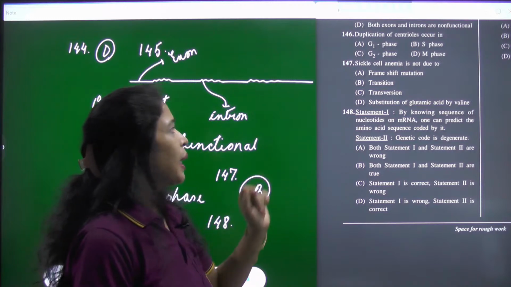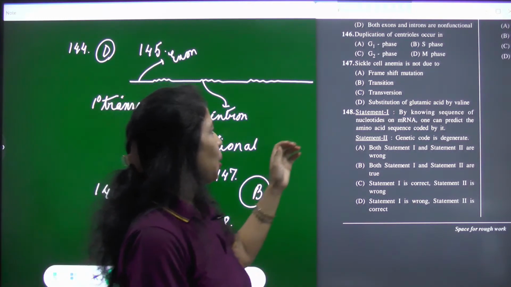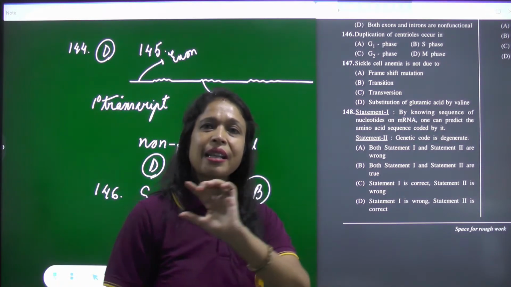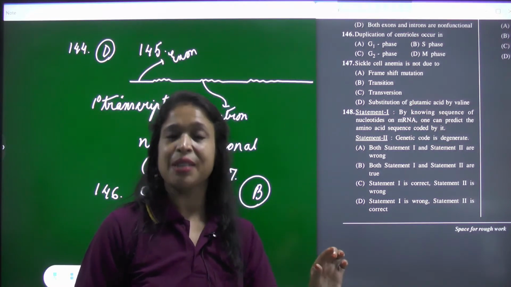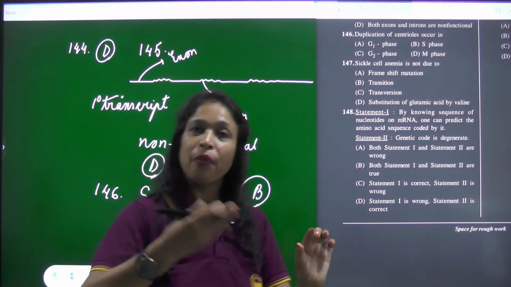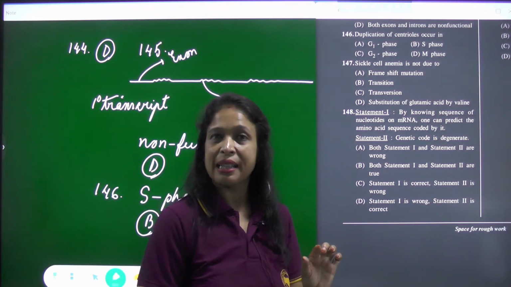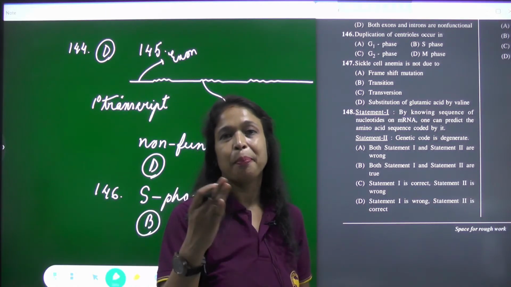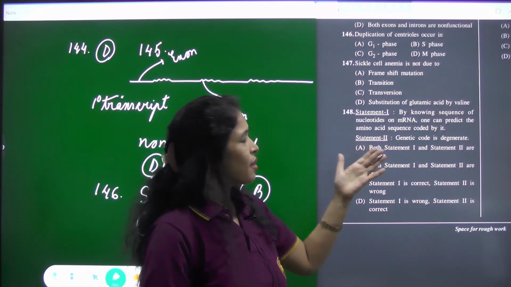148, by knowing the sequence of nucleotides on messenger RNA, one can predict the amino acid sequence, correct? This is the sequence of bases on the mRNA, from where we can predict what type of amino acid will be synthesized. This is exactly according to the sequence present on messenger RNA. The genetic code is degenerate.